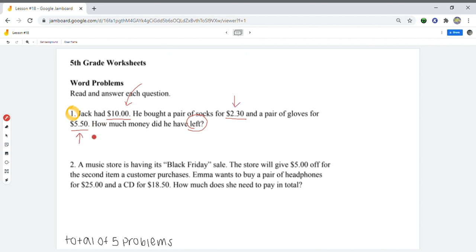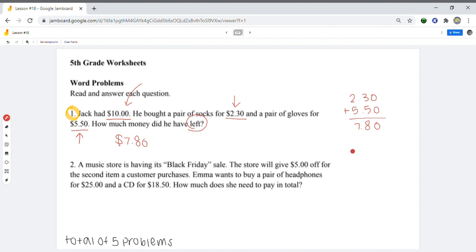So first, what I'm going to do is find the total amount of money that he used. To do that, you just have to add $2.30 plus $5.50. If you add these up, you get $7.80. So that's how much he used in total. Now it's asking how much did he have left after using this much money.